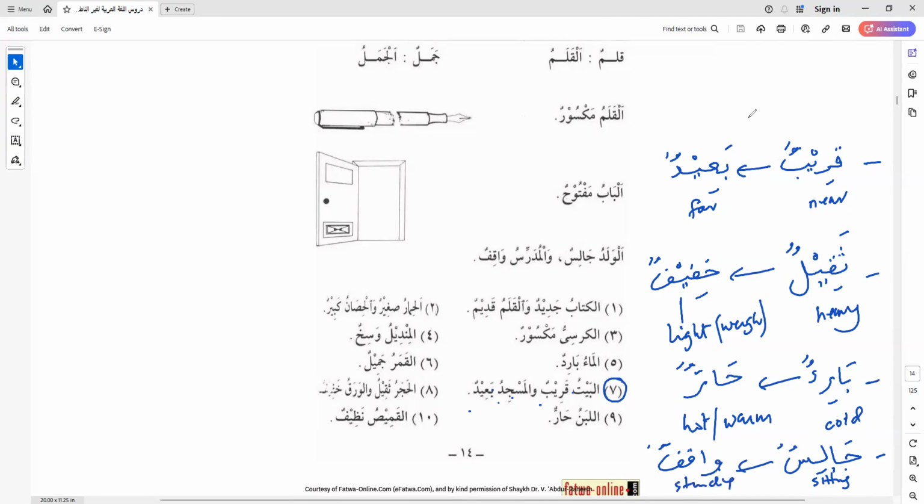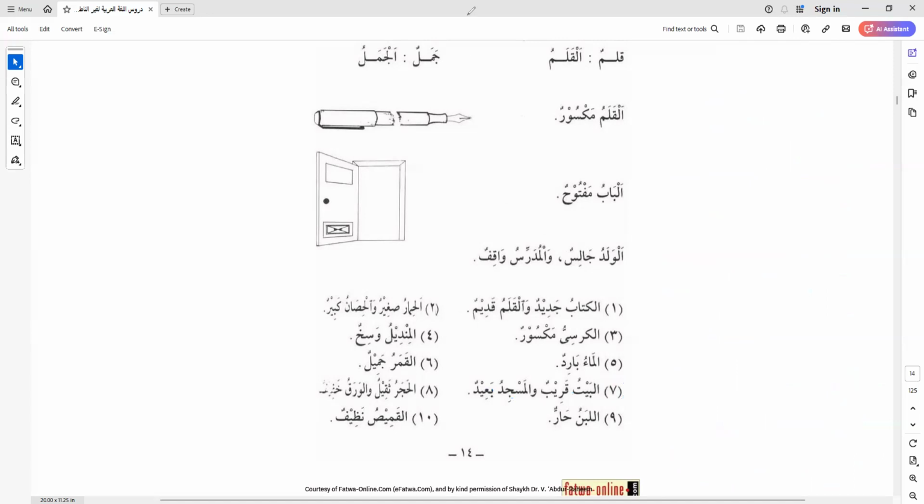These are antonyms, words and their opposites. So you need to master them. قريب بعيد ثقيل خفيف بارد حار جالس واقف. You need to learn all that, master them, memorize it, and alhamdulillah, everything is going to be good.